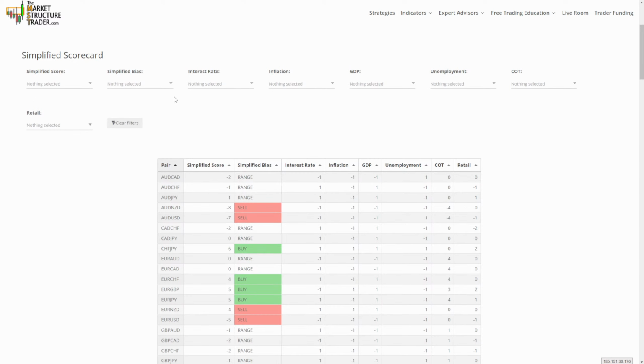So if you look at historical interest rates for the yen, I've got a spreadsheet somewhere. What have I done with that? Fundamental spreadsheet.